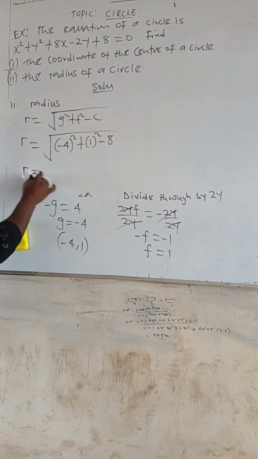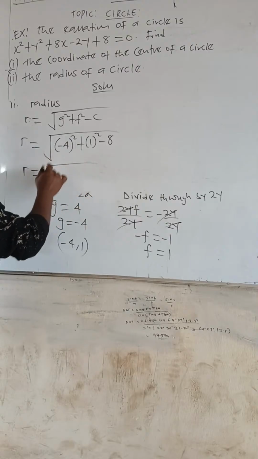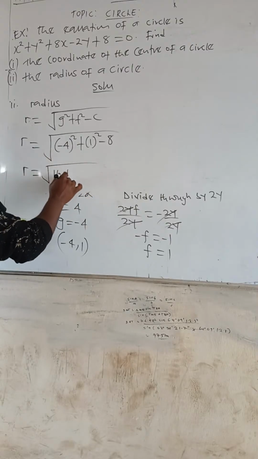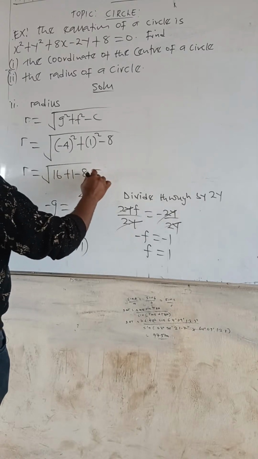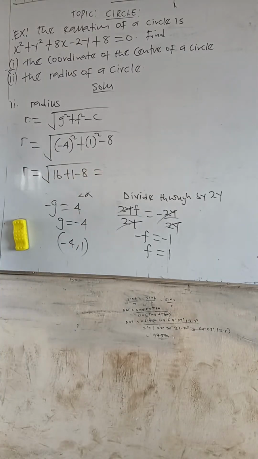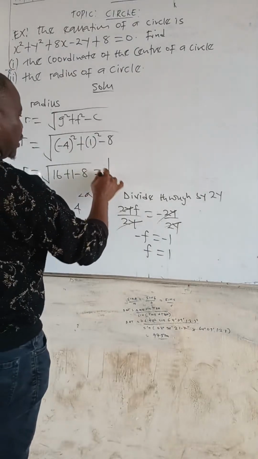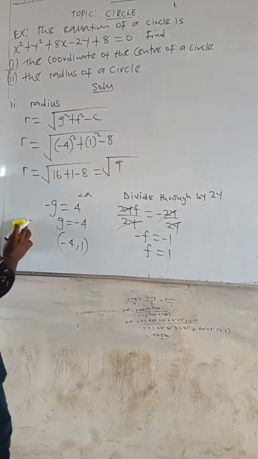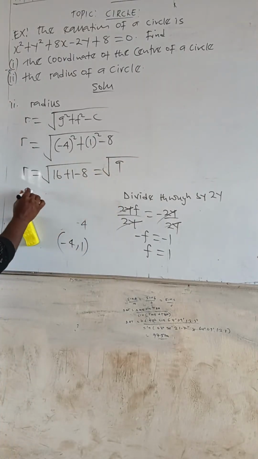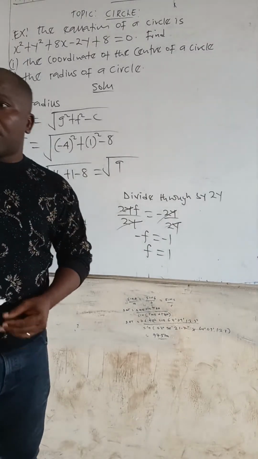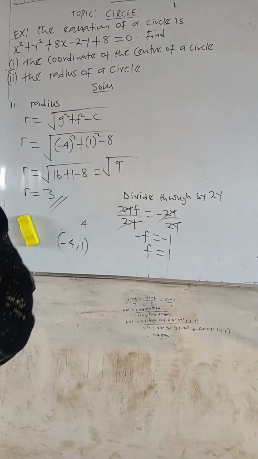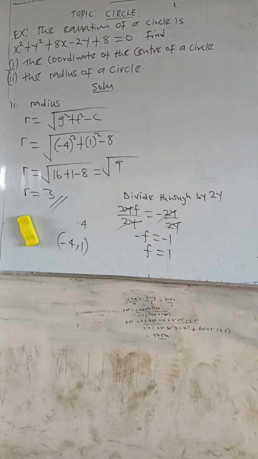So our r is equal to 16 plus 1 minus 8, so 17 minus 8, here we are going to have 9. So it implies that the radius will now be equal to what? Any question?